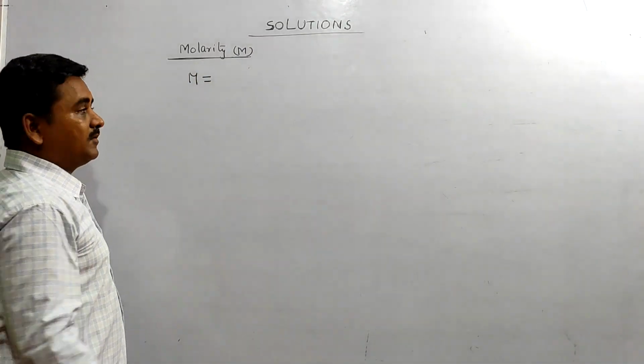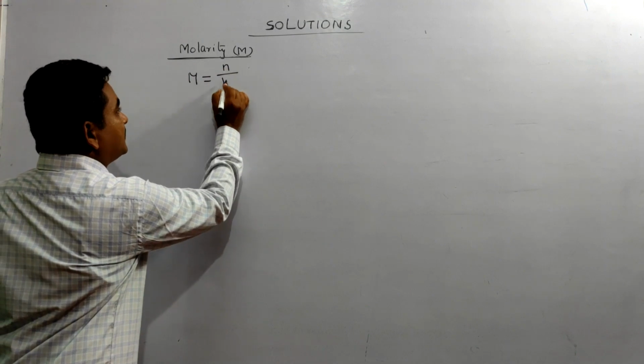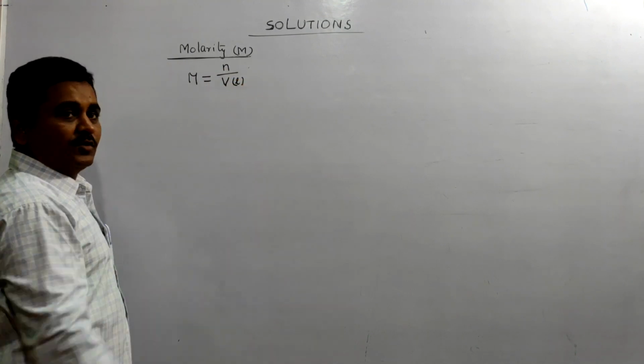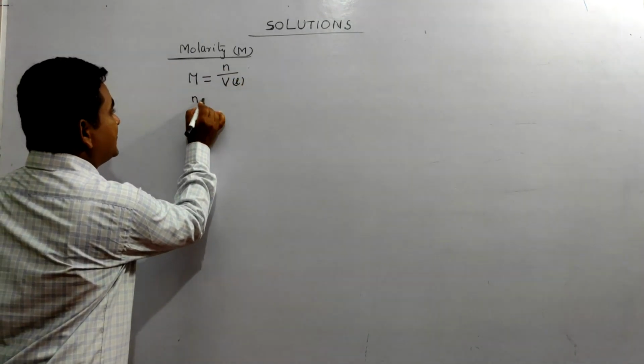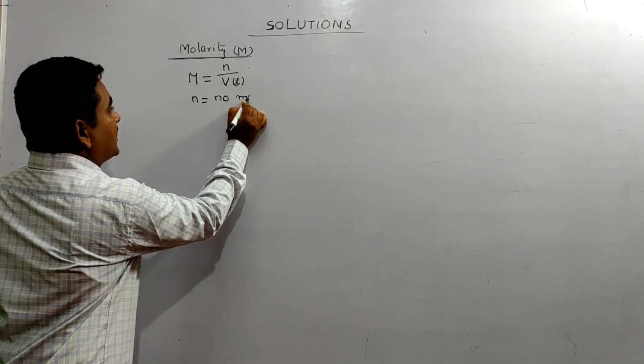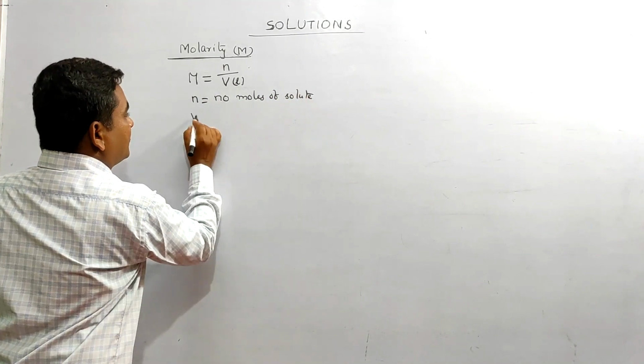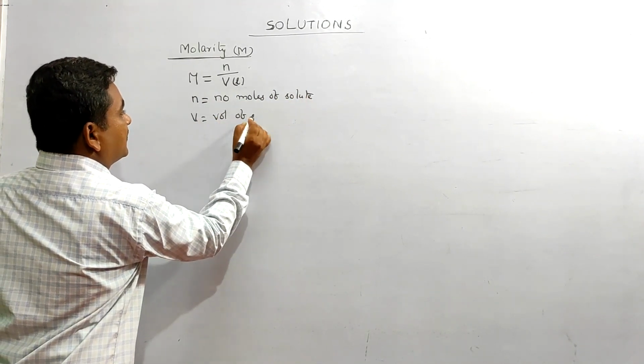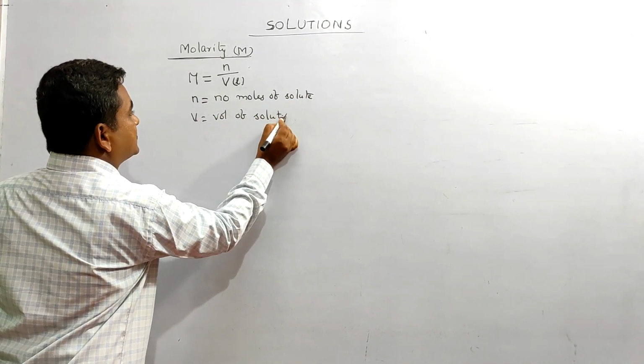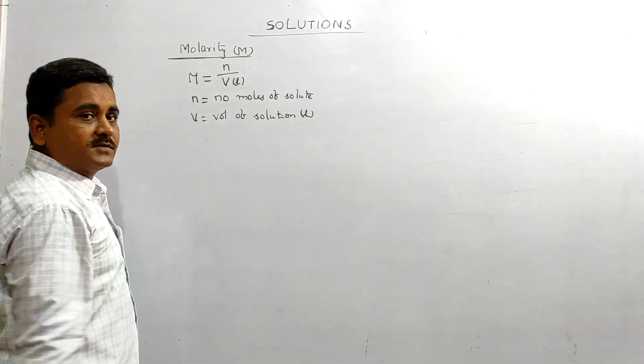Molarity can be calculated from the formula N by V, volume in liters. N is number of moles of solute. V is volume of solution in liters.